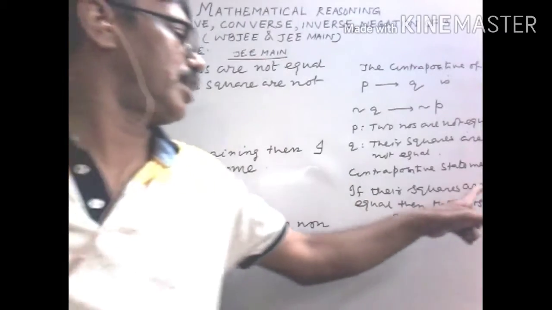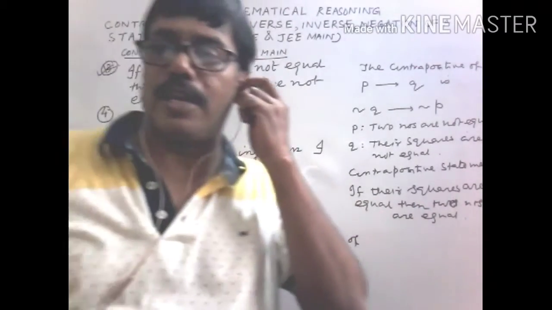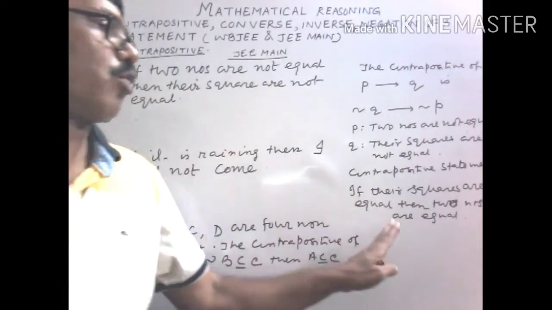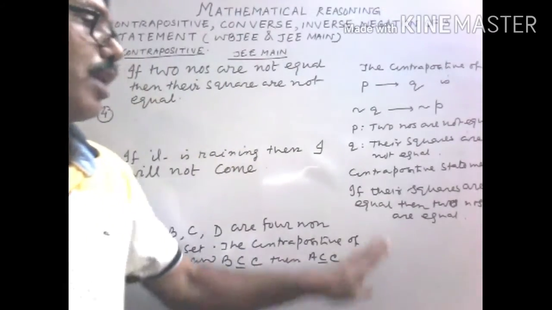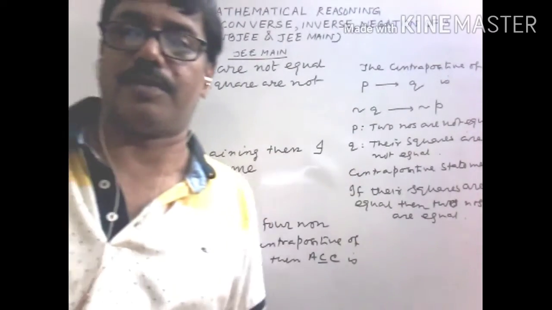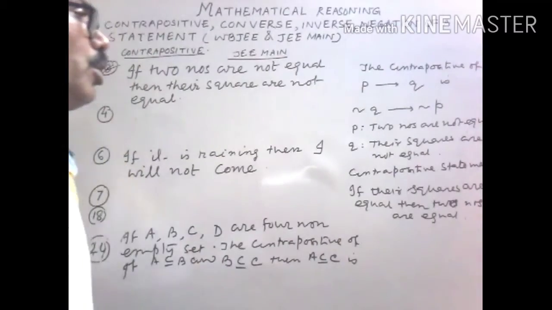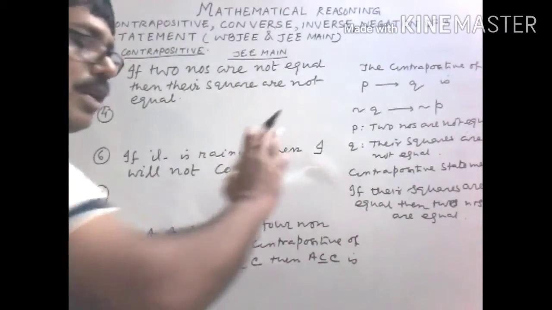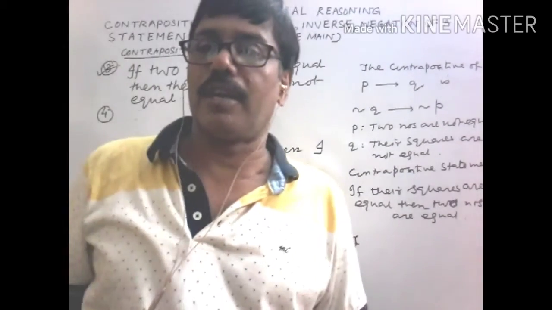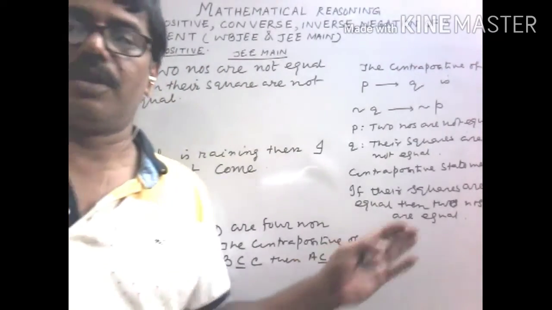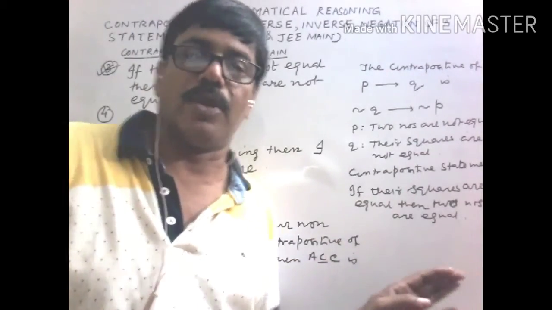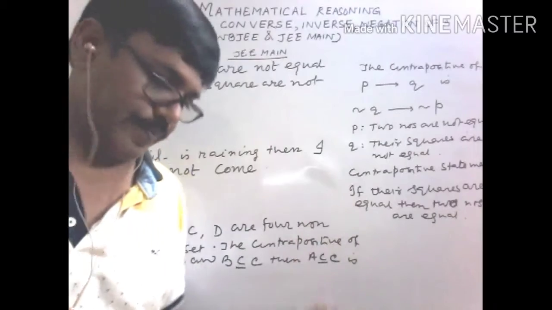If their squares are equal, then two numbers are equal. This is contrapositive of the above statement. So look, this one is very simple. So it will take maximum 1 minute, but it is 4 marks problem of JEE main.